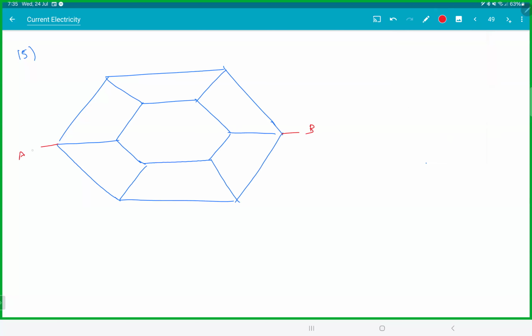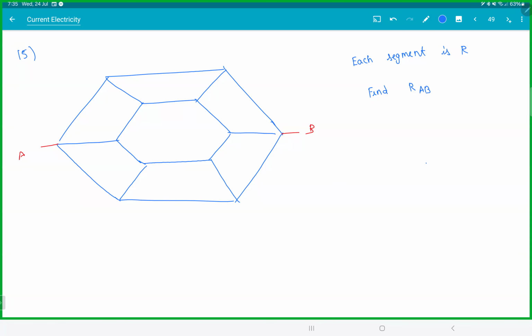This is B and this is A. Each segment is R. Find RAB. Let's get this.